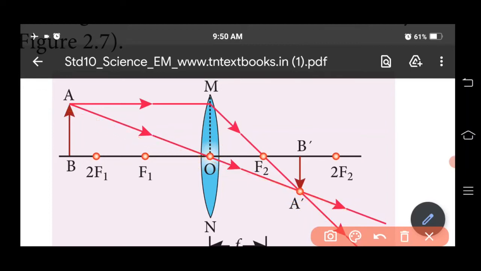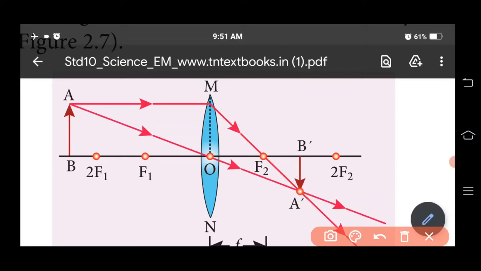So this is rule 1, and then rule 2. When a light ray is parallel to the principal axis, the refracted ray of the convex lens comes and meets at the principal focus. So this is rule 2.